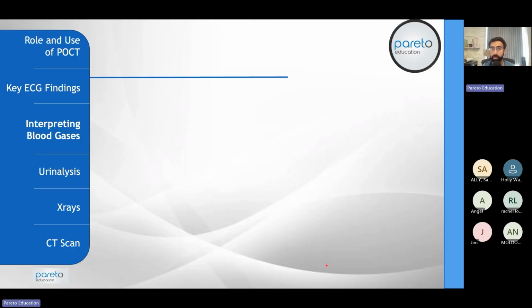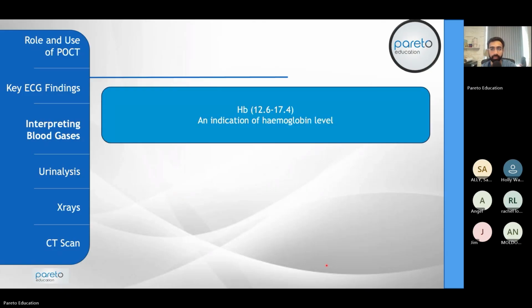So for example, if there is a patient that has heavy menstrual bleeding and is going through lots of pads, passing clots, etc., we need to decide whether they can go straight up to see gynecology to have their condition managed, or whether they need to be stabilized first in the emergency department. So a point of care hemoglobin tells us what their hemoglobin is like, and therefore we can make that onward referral quicker and allow for better patient flow as well as maintaining safety.